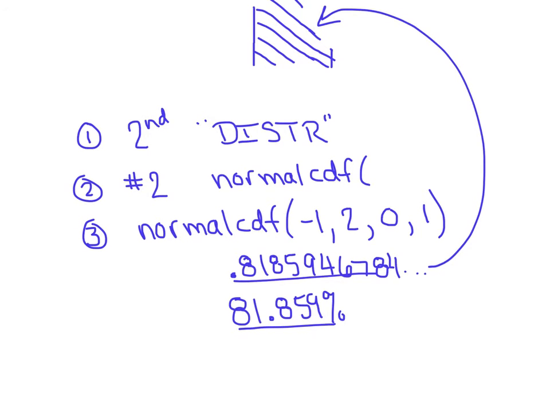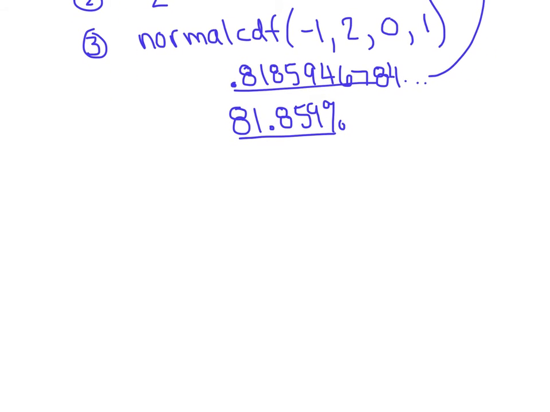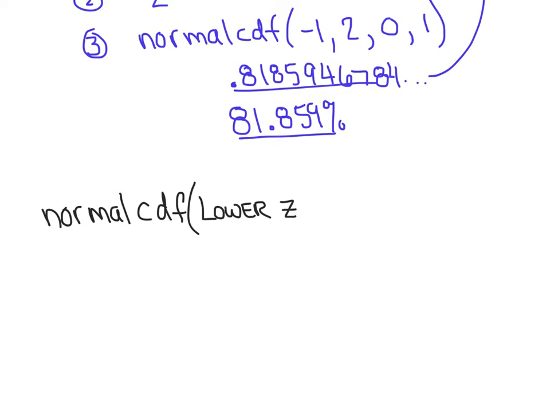Now to try to generalize what you're doing on your calculator, once you do normal CDF, your calculator is always expecting 4 arguments. The first of those 4 arguments is your lower z-score. The second argument is your higher z-score.